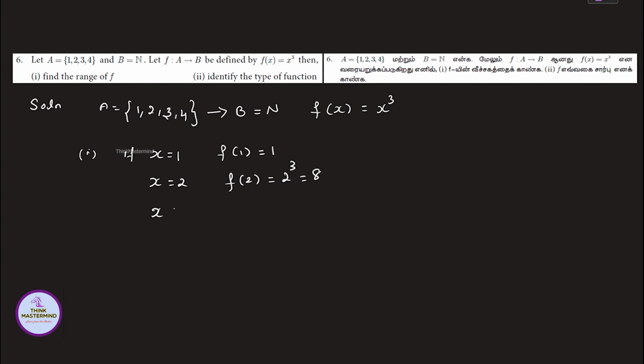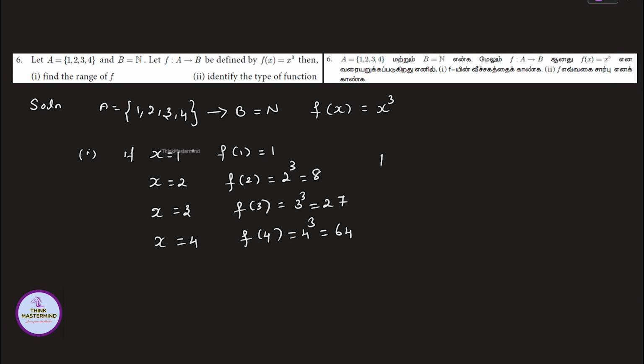And x is equal to 3, f of 3 is 3 cubed, equal to 27. x is equal to 4, f of 4 is 4 cubed, that is 64.